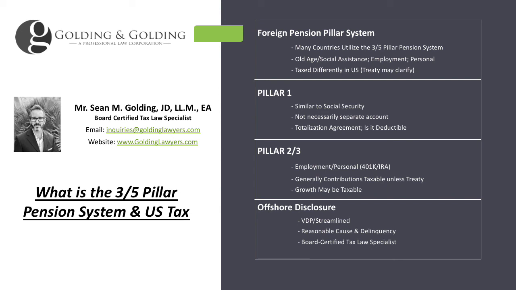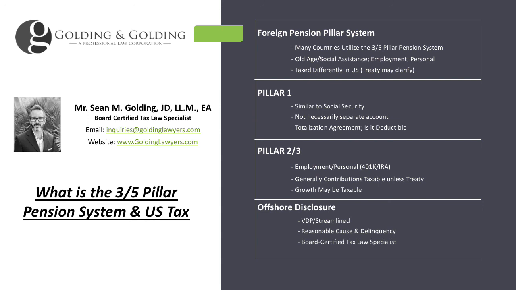You may have a 3520 and 3520A reporting, because technically foreign pensions can be considered employment trusts, but there are certain revenue rulings, for example, that you don't have to file for the RRSP in Canada, and there's RevProc 2020-17, which basically eliminates the reporting for many of the foreign pensions on the more detailed 3520, 3520A forms, and you may have an 8621 PFIC requirement, especially when you're receiving distributions or you have control over how the investments are being made.